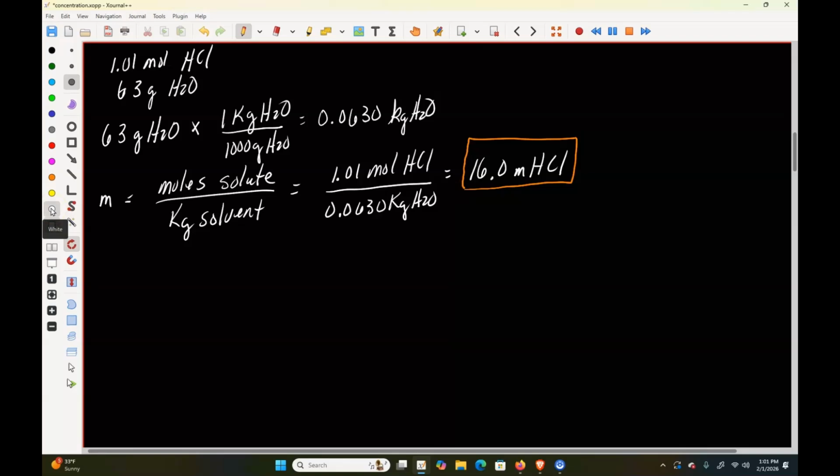Finally, let's tackle the mole fraction of HCl. So the moles of HCl is known to be 1.01 moles, so we need to find the moles of water.